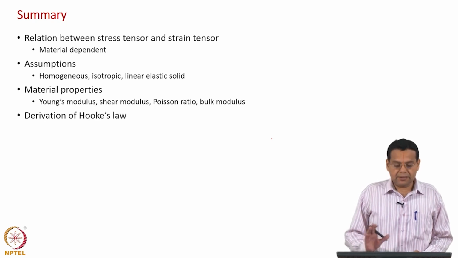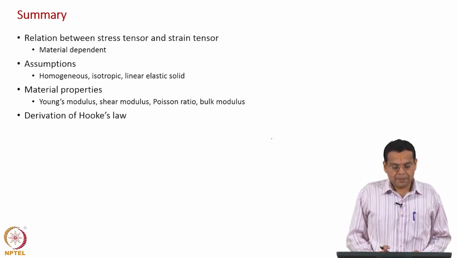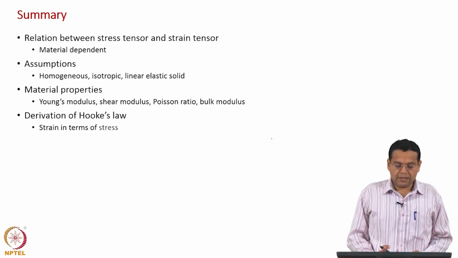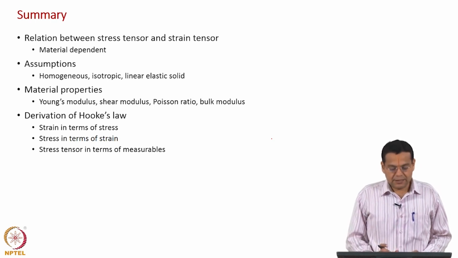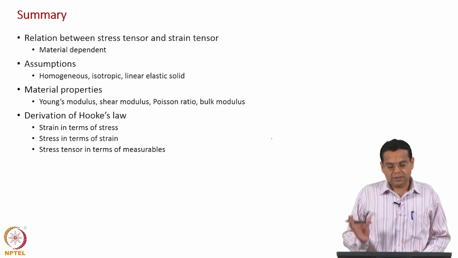Then we derived Hooke's law, strain in terms of stress, then stress in terms of strain, and what did we achieve? We expressed the components of the stress tensor in terms of measurables, which are the strain, or still more in terms of the displacement gradients.